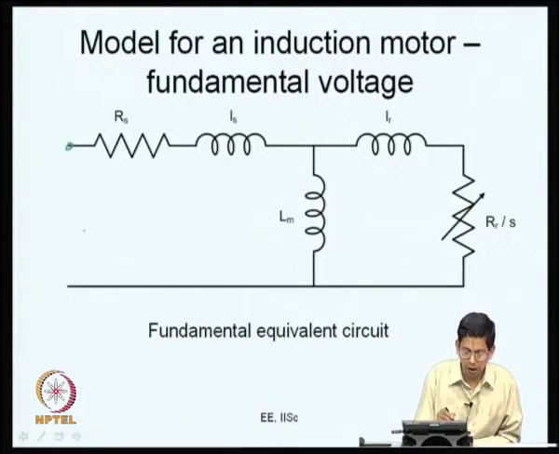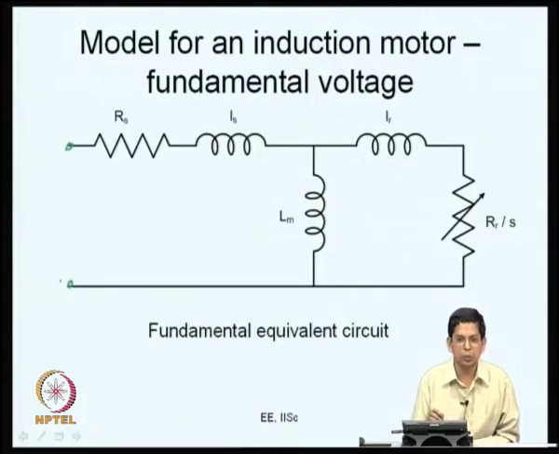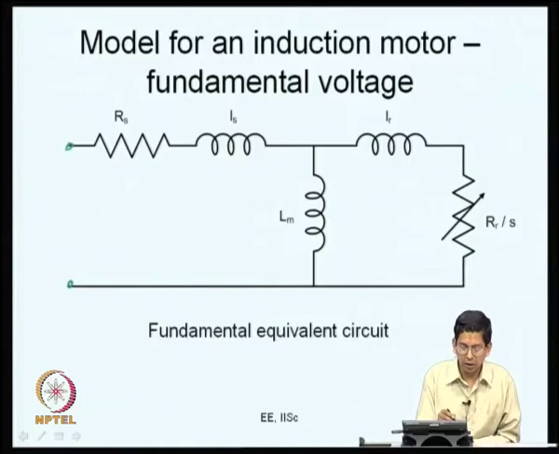Let us say you apply a harmonic voltage, a non-sinusoidal voltage, to an induction motor. This is what happens in an inverter feeding an induction motor. You do not get to apply pure sinusoidal waveforms; you apply waveforms which have sinusoids plus a lot of harmonics. The fundamental component of the inverter output voltage sees this induction motor as its fundamental equivalent circuit.